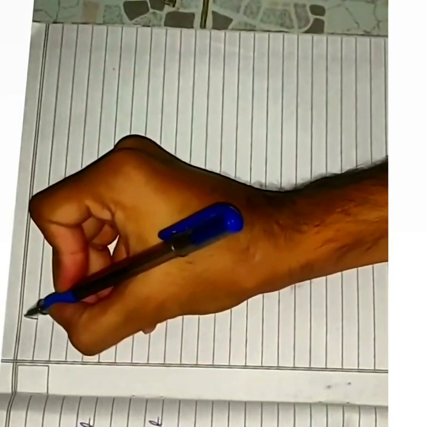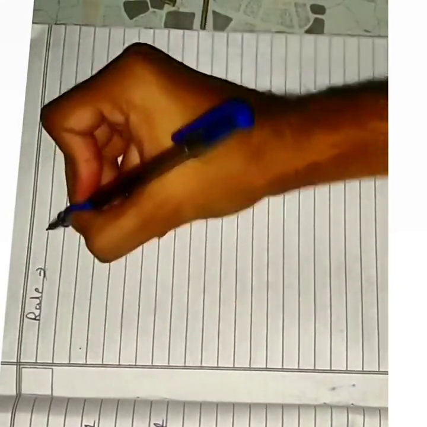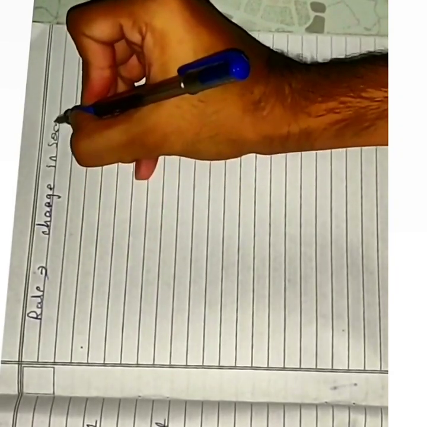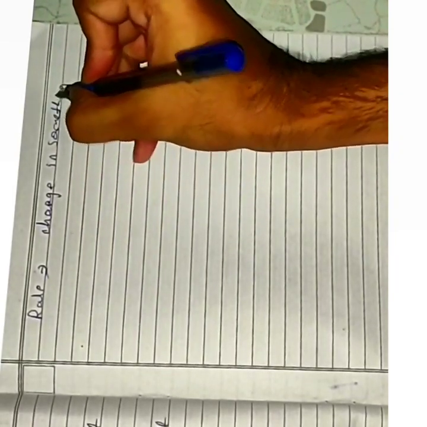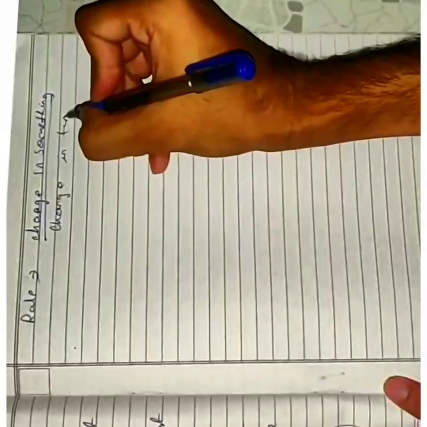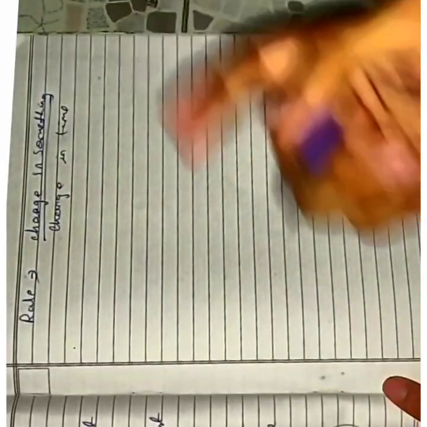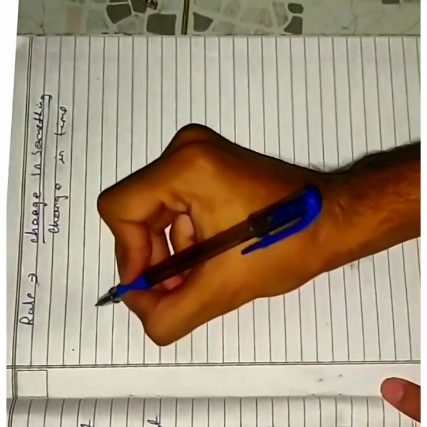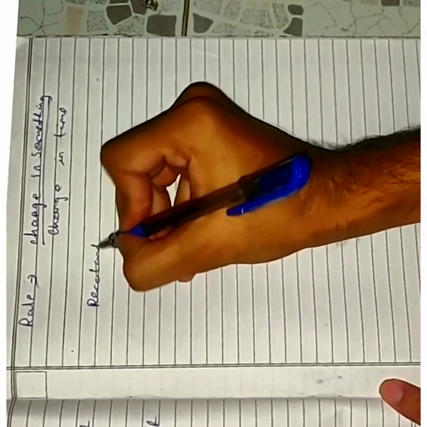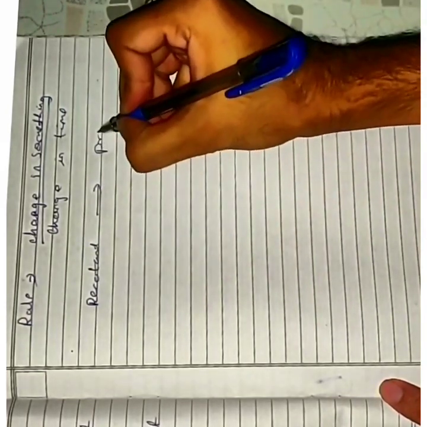Okay, so what is rate? Rate is change in something, in layman's language, change in something with respect to change in time. Now, what changes during a chemical reaction? We know initially there is only reactant with us, whereas at the end we have only product.